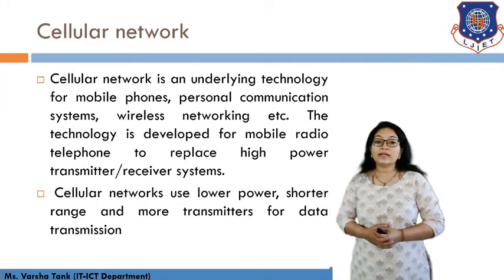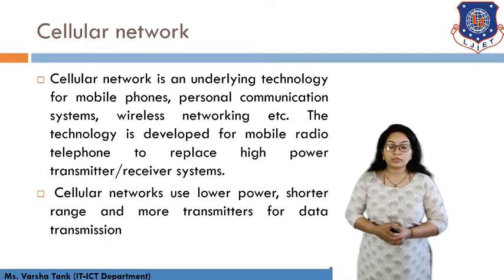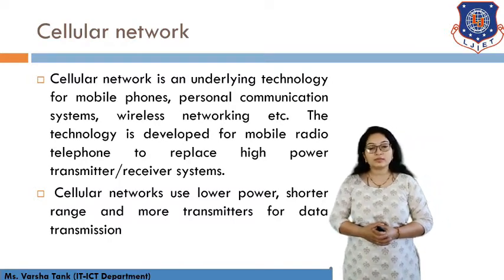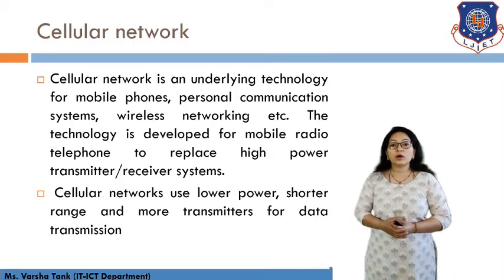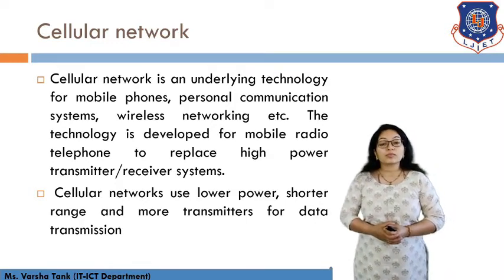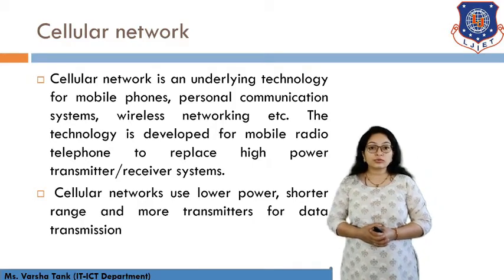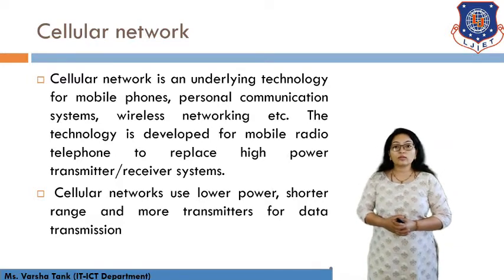So how can we define the cellular network? If you remember, I have given the example of throwing the ball to a 500-meter distance. Are you able to throw the ball to a 500-meter distance? No, we are not able to. So for that, what do you want?